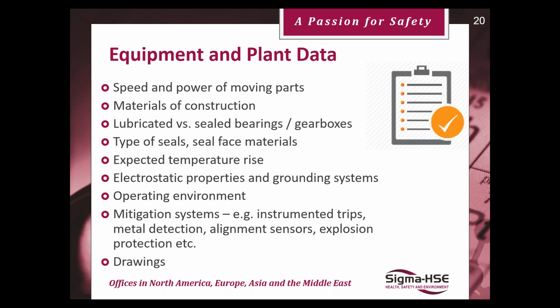And of course, there's a whole range of information such as material of construction. So something could be non-sparking in materials like the bronzes, the bearing type, the types of seals, especially the electrostatic properties and the grounding system. So maybe some of the seals may be insulating, and if it's insulating, it could be electrostatically isolating.